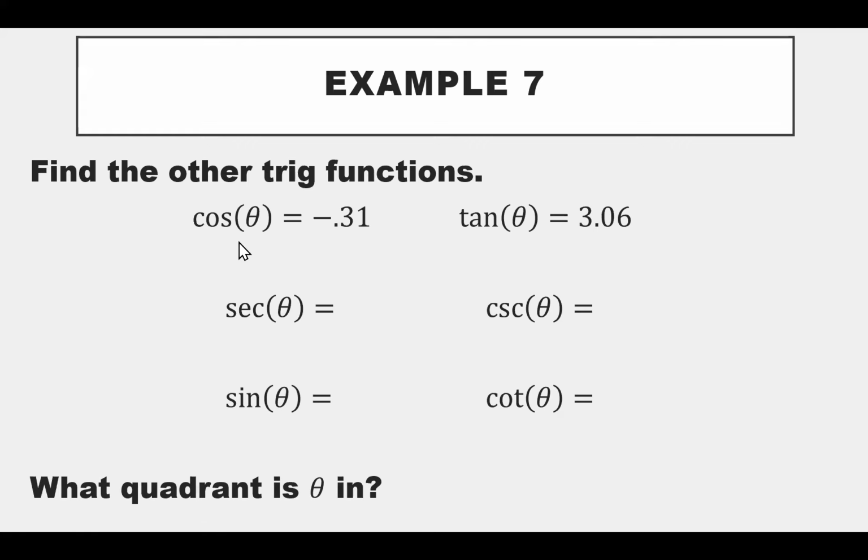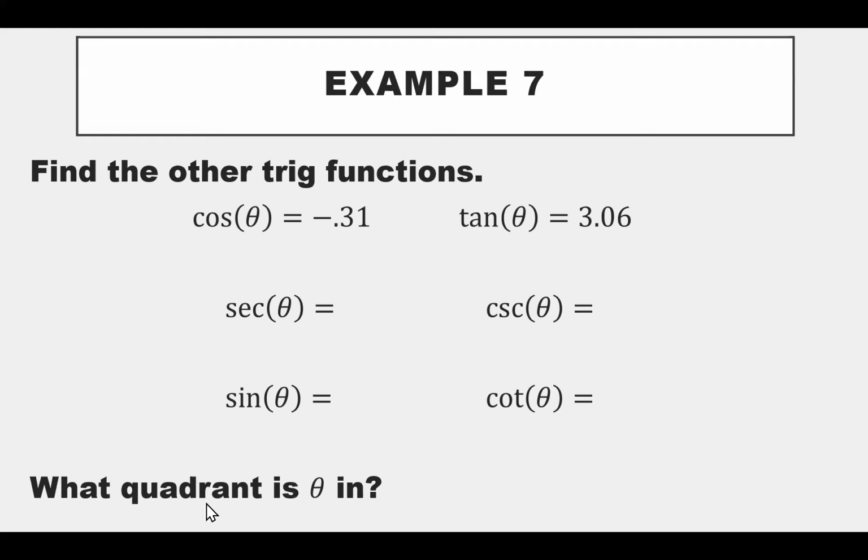Now we can do the same thing if I'm given two other trig functions, like cosine of theta is negative 0.31 and tangent of theta is a positive 3.06. You can actually use the relationships of the trig functions to find all four of the other trig functions.